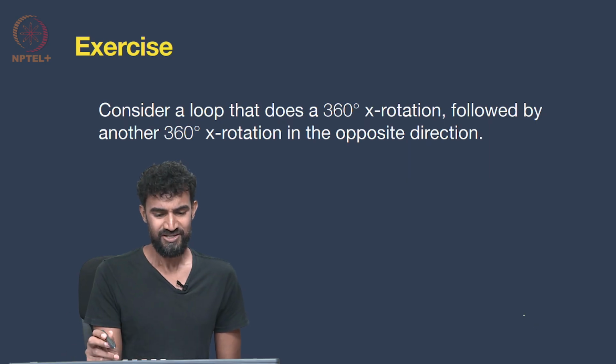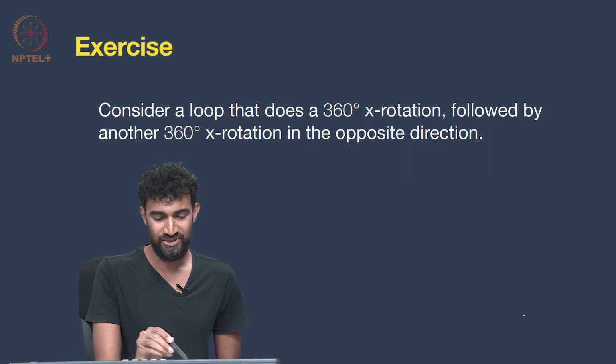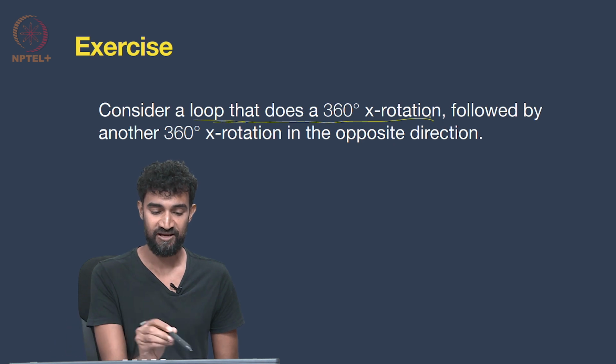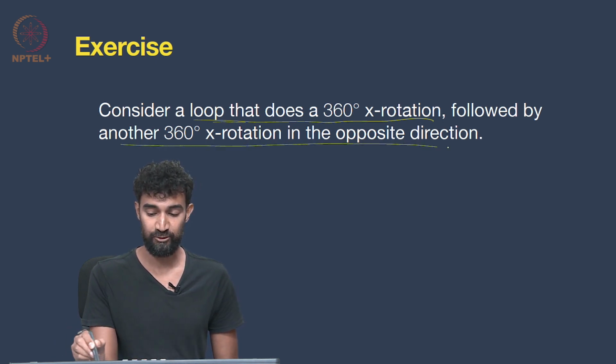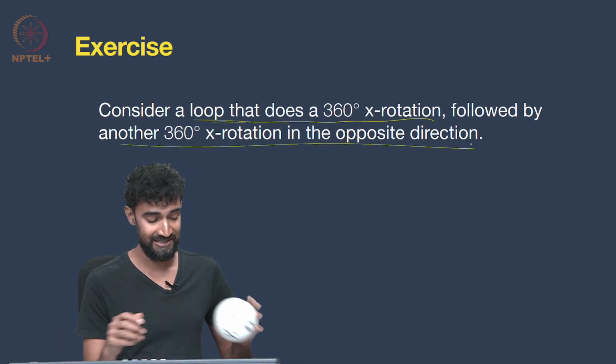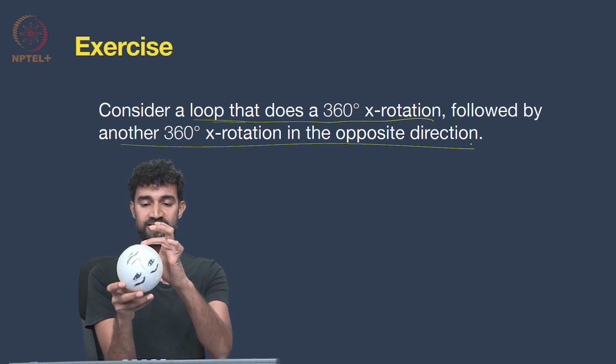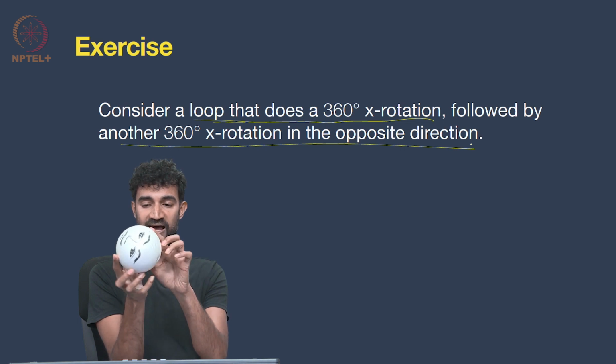All right, so we also looked earlier at a loop that does a 360-degree rotation about the x-axis, followed by another 360-degree rotation about the x-axis in the opposite direction. In other words, it does this, followed by this.